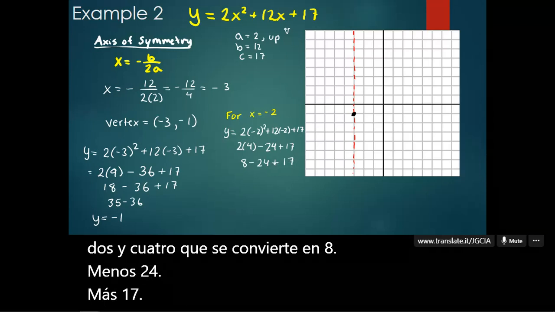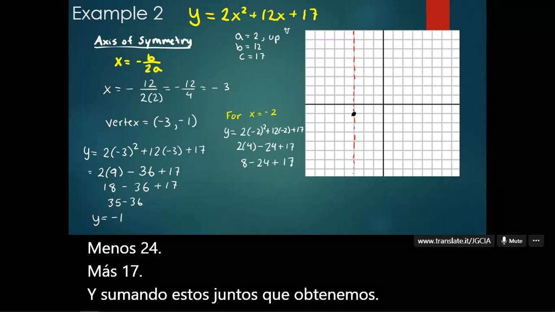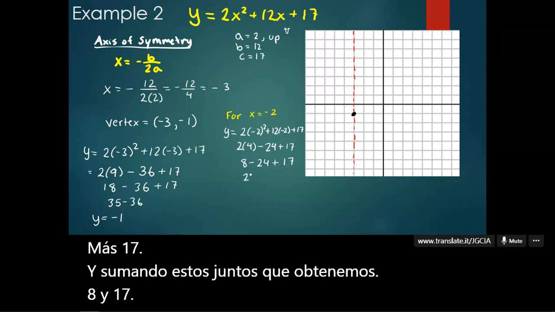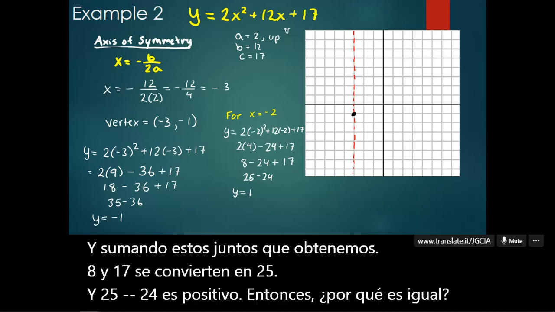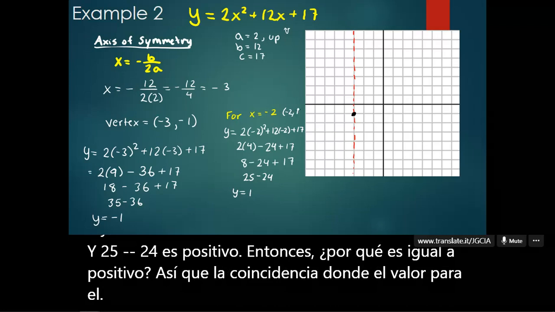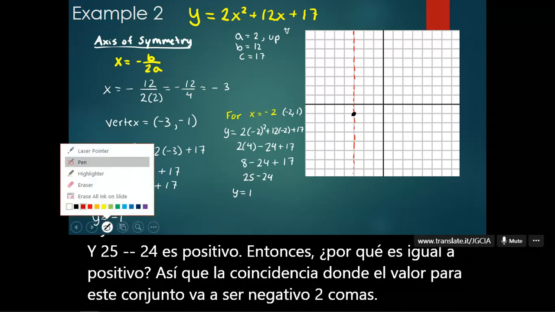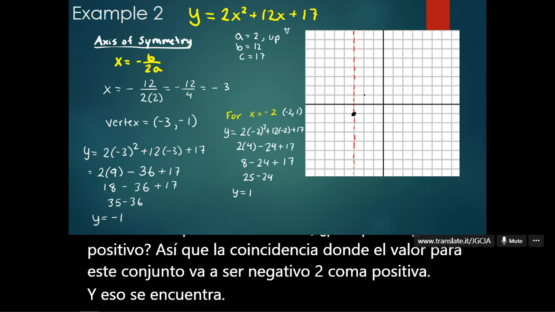And adding these together, we get 8 and 17 become 25, and 25 minus 24 is positive 1. So y equals positive 1. So the matching y value for this set is going to be -2, comma, positive 1. And that's located here at -2, positive 1.